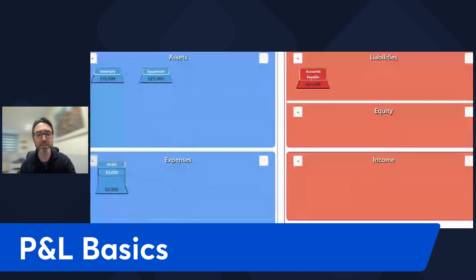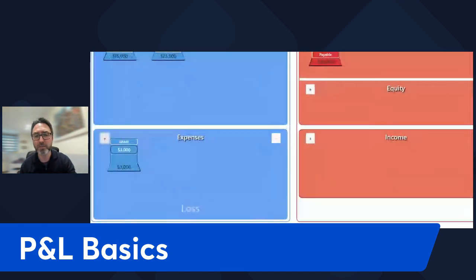The P&L is only concerned with these two bottom components, income and expenses, which will result in either a profit or a loss. Okay, so that's now some P&L basics and understanding what a P&L is and the components of a P&L. Now we're going to go a little bit deeper.